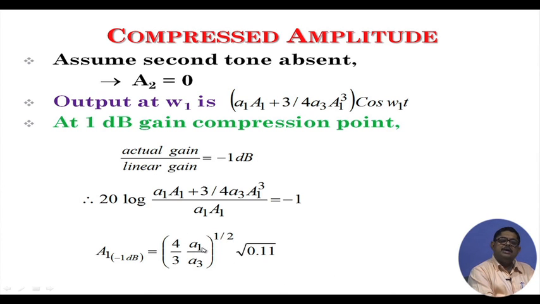If I know my nonlinear system, so I know A1, A3, I can calculate what is my gain compression point. That means, what is the level of the input signal at which I will start getting gain compression.